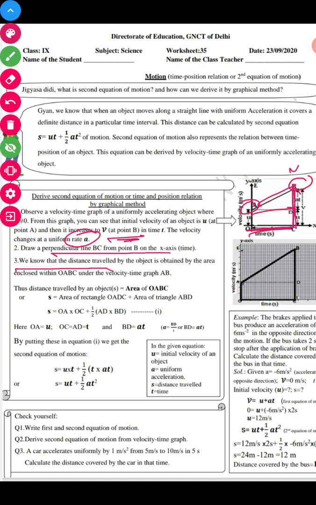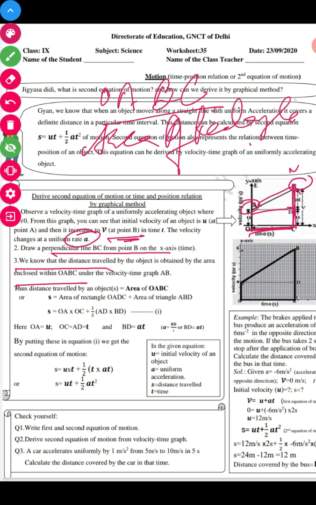As we know, the distance traveled by an object is obtained by the area enclosed. So the distance covered by an object is equal to the area under OABC, which includes the area of rectangle OADC, plus the area of this triangle, half into AD into BD.